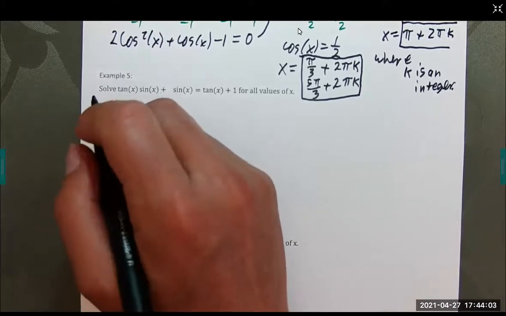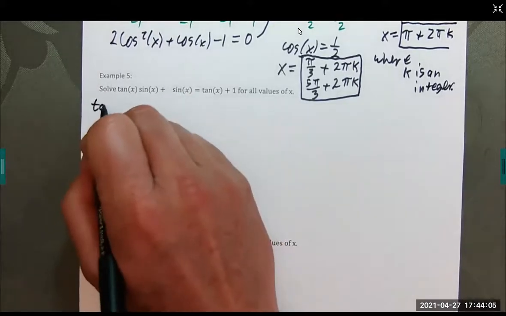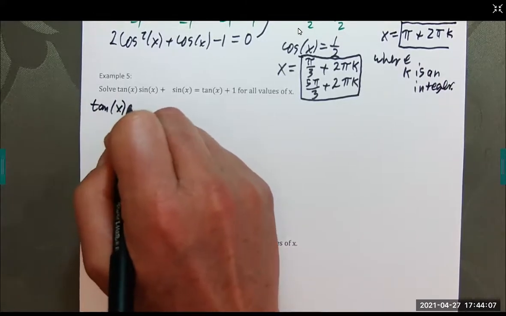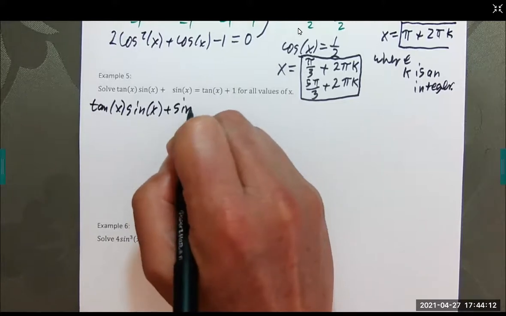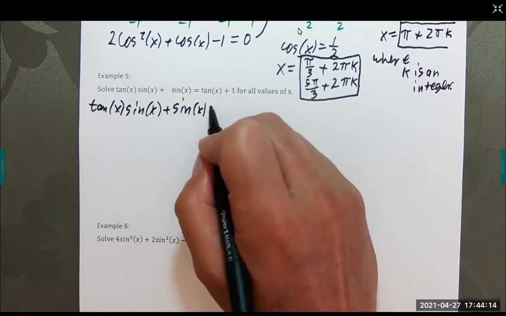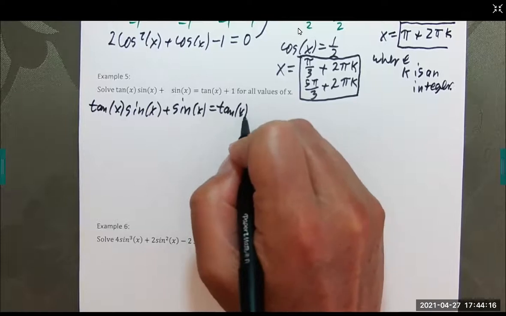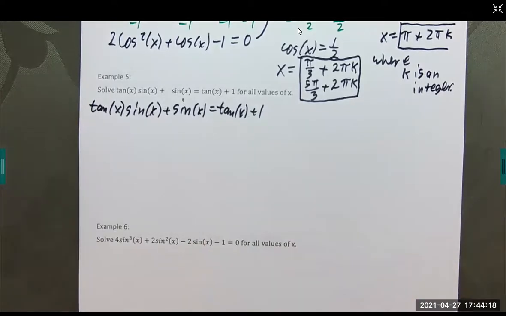So for this one, we have tangent x sine x plus sine x equals tangent x plus 1. Now, I'm going to get all the terms to one side.